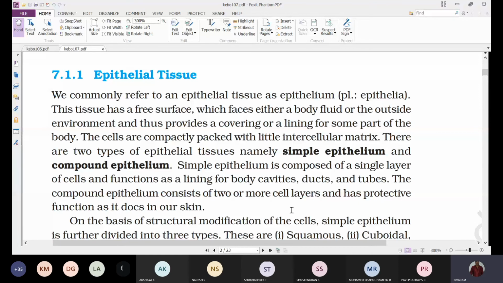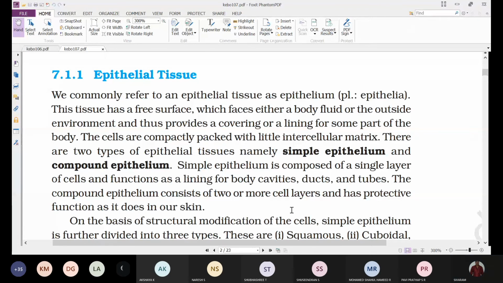In urinogenital ducts, the urine or genital fluids will pass. In the digestive system, the food will move. In the respiratory system, the mucus and the air will pass. They are also present on the skin. The tissue covering the body, the skin, is made up of epithelium only.